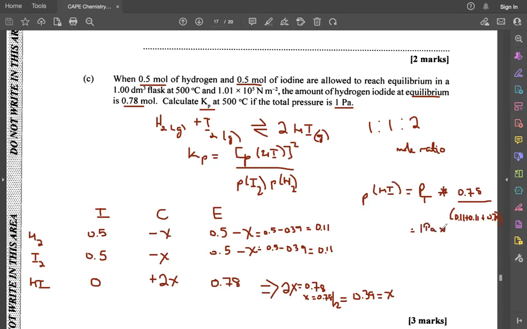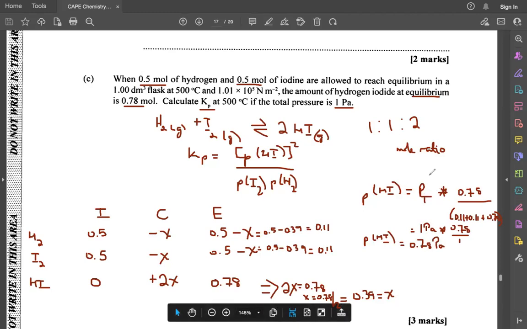So we're just multiplying that by the mole fraction of HI. And this is just 0.78 over 1, because 1 is the total number of moles. So in the end, the partial pressure of HI is just going to end up being 0.78 Pascals, right?